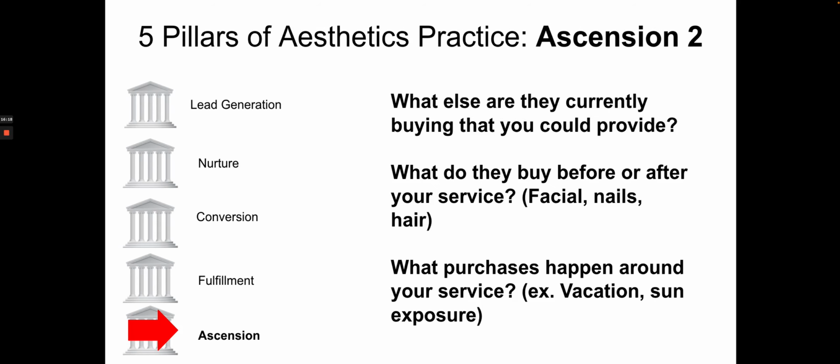So what else are they currently buying that you could provide? This is a great question that you can always ask, because many times you'll find that people coming to you for one thing are also buying other things in the same vein. For example, at one of our clinics, we noticed a lot of people coming in for arthritis pain.